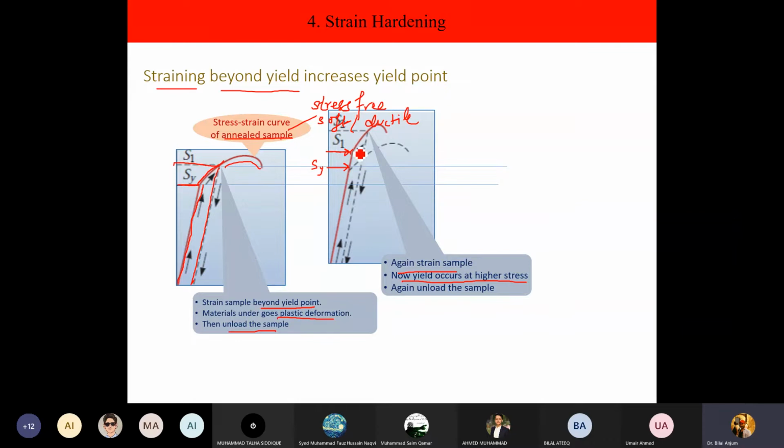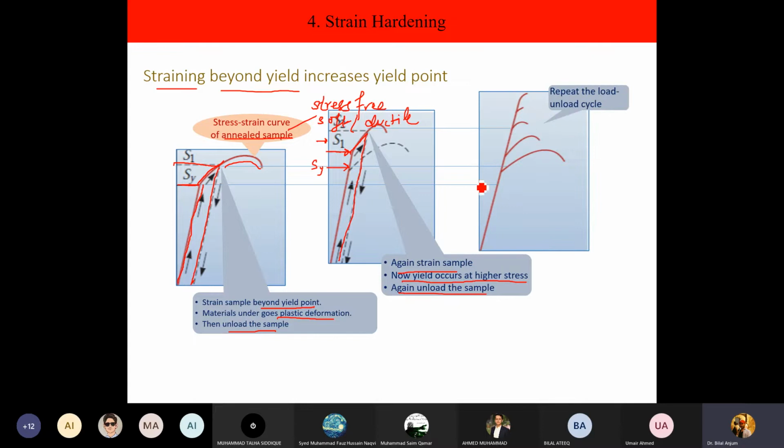So again, you take the sample to a stress beyond the new yield stress, and then you release the load. You again unload the sample, and then you continue doing that. You see that after each cycle of loading and unloading, the yield stress is going up.